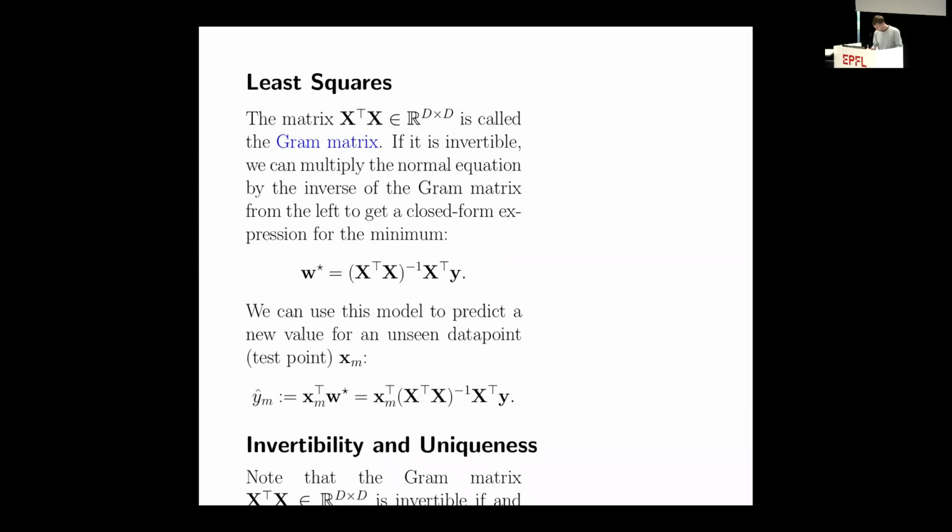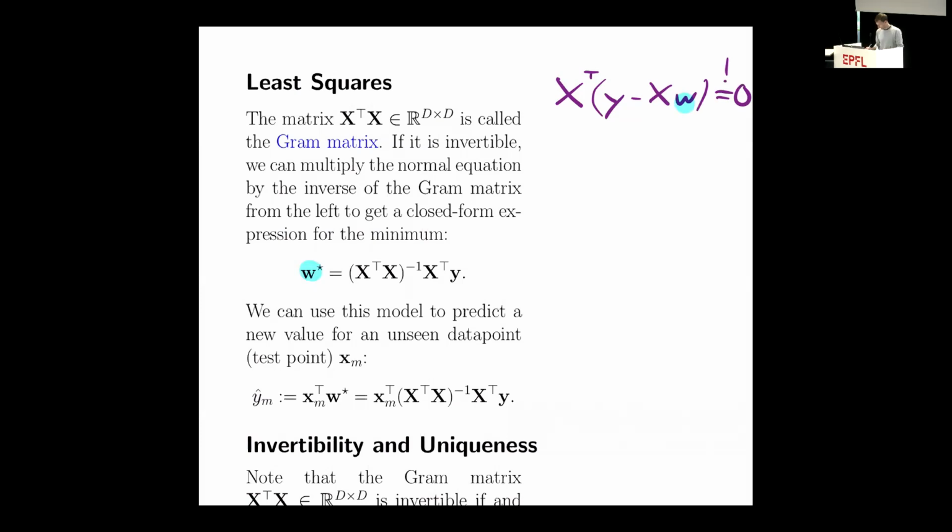Anyway, let's write the whole thing down again. The normal equation was the data matrix transpose times the error vector equal to 0. So that's what we want to solve, for W.